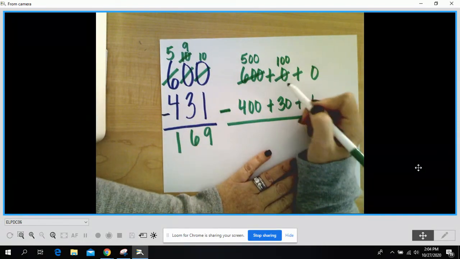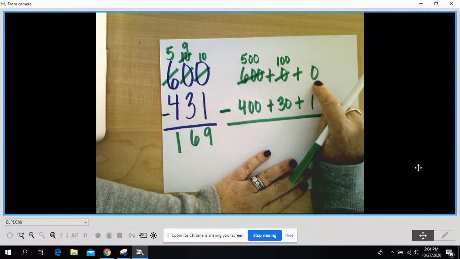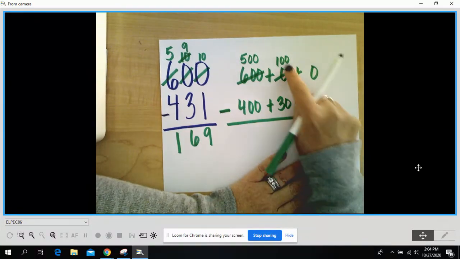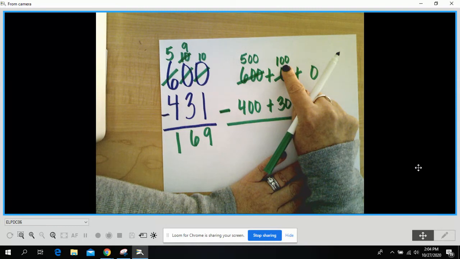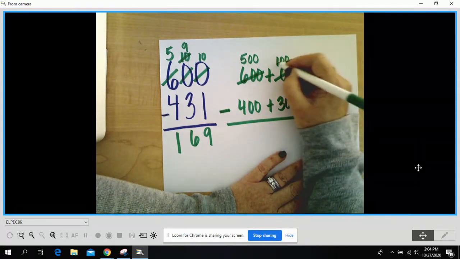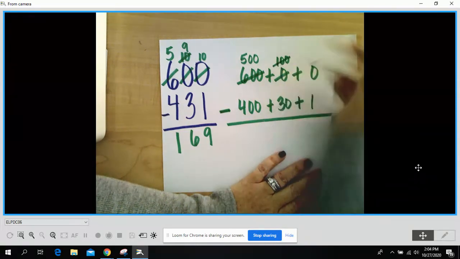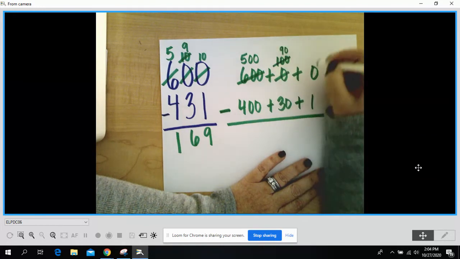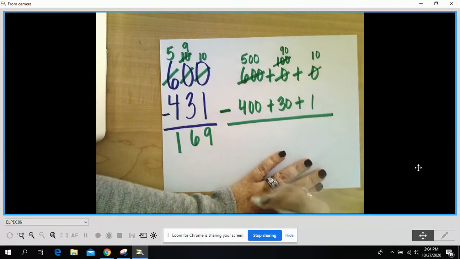All right, so now I need to get all the way over to my ones place so I can start my computation. Do I have something I can borrow from now or I can regroup from? Sure. I'm going to take 10 from this 100, so that leaves it as 90, and this 0 becomes 10.